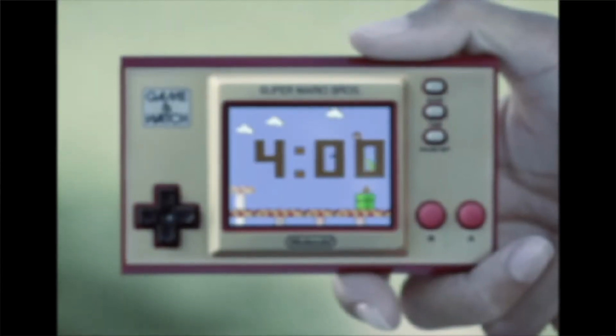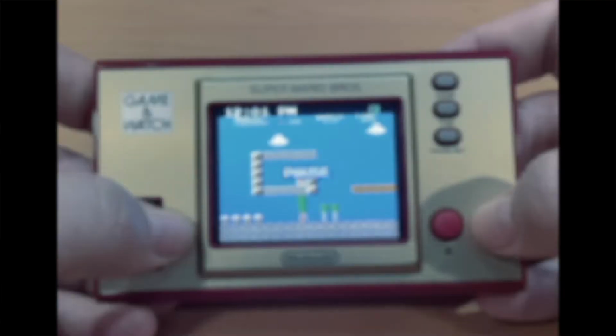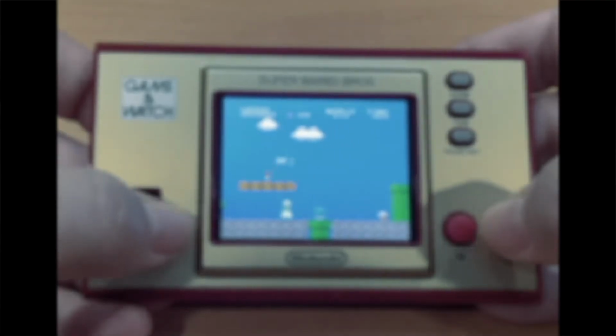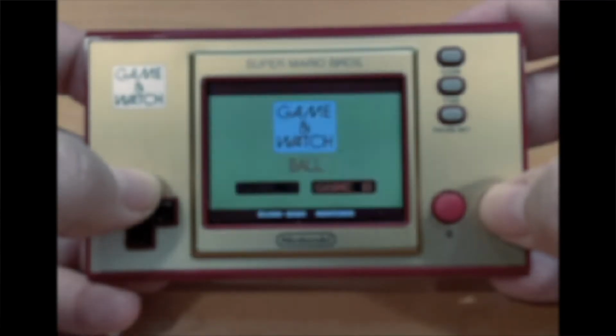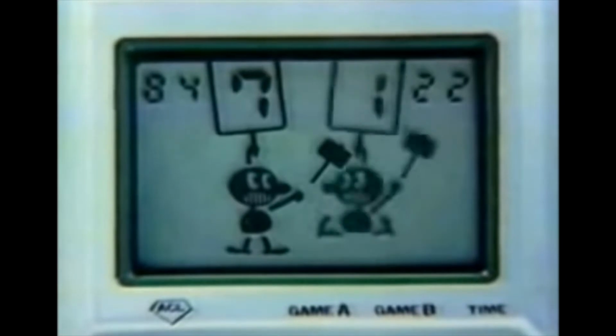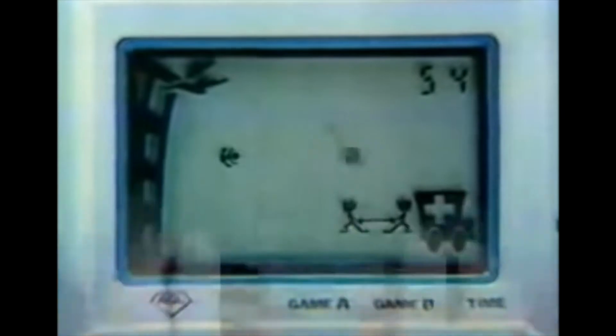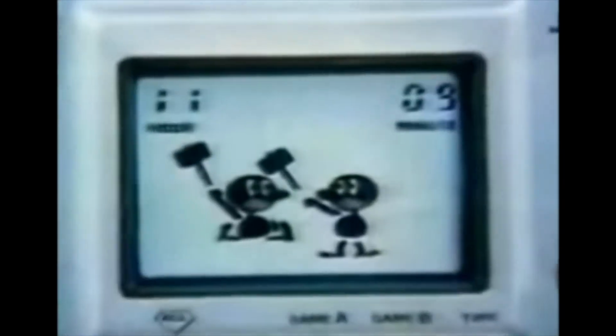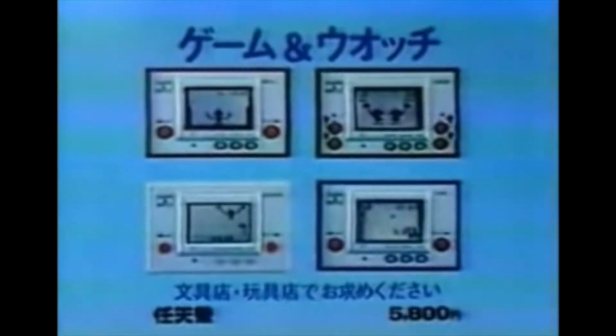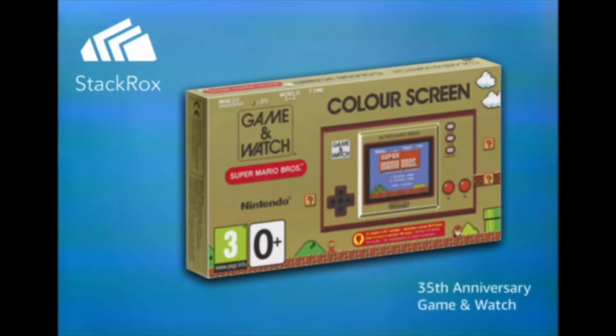Game Watch. Game Watch. Why buy just a video game from Atari or Intellivision?